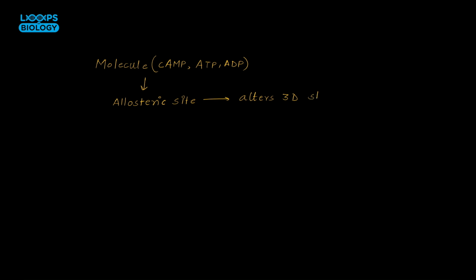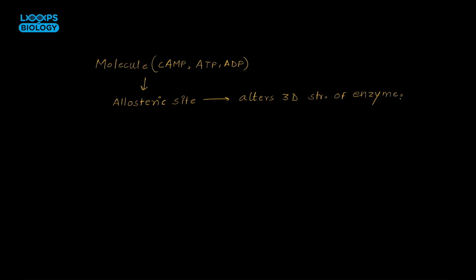In this particular case, whenever some molecule such as cAMP or ATP or ADP is binding on the allosteric site, this site alters the three-dimensional structure of the protein, that is, the three-dimensional structure of the enzyme.